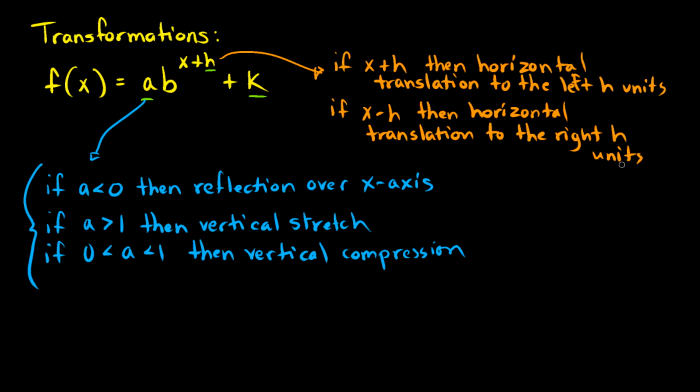And what a translation is, it's just literally picking up the graph and moving it left or right, and as we'll see with the k value, up or down. That constitutes a translation. A translation is a type of transformation. It's a very specific type of transformation of a graph. Alright, now let's look at what k does.